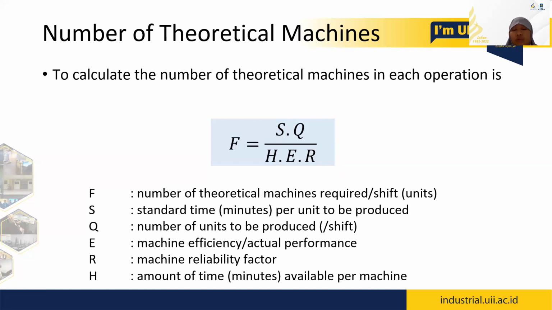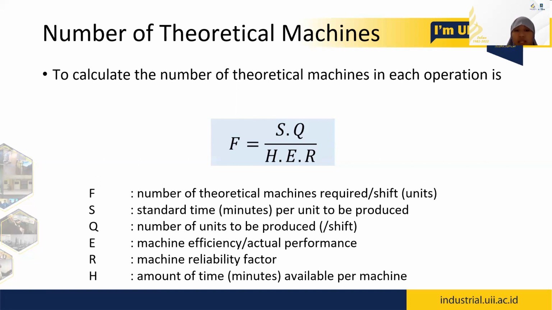Okay, however, during those 8 hours, probably there is a setup time or break time for the operator, where the machine itself is actually not in an operational position. It's actually idle, so we are not calculating that. So the machine efficiency just explains the actual performance, multiplied by the machine reliability factor.